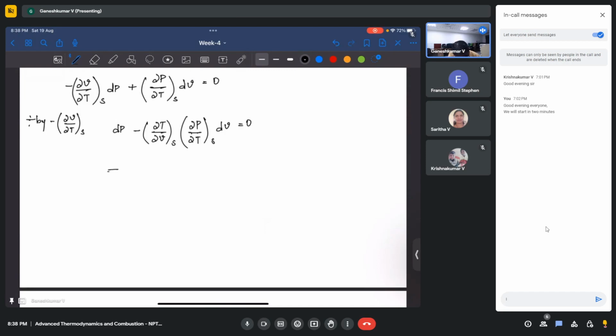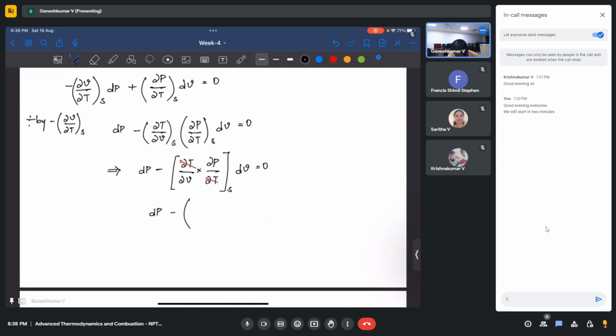Now, since these are at constant entropy, we can write it as dou t by dou v times dou p by dou t, all at constant entropy. The process is also constant entropy, so these two we can cancel out.